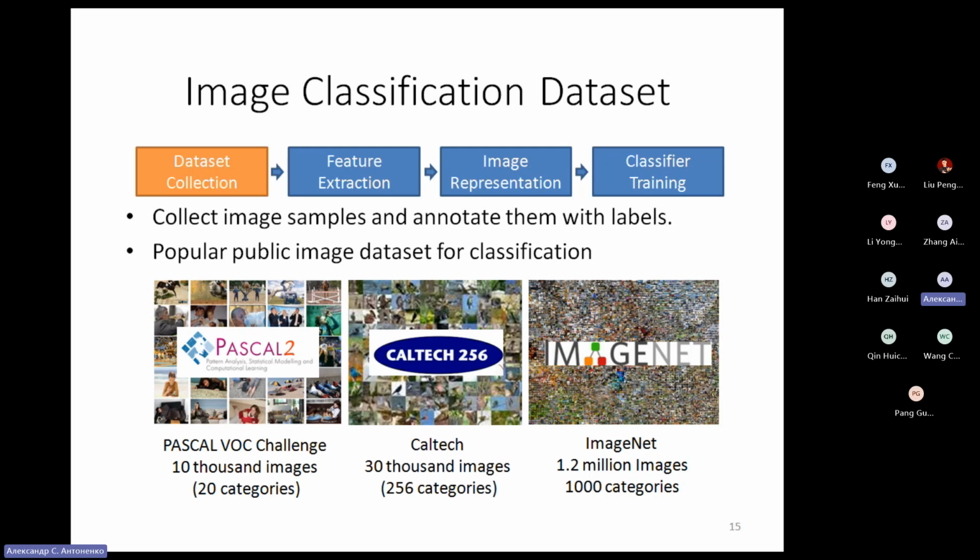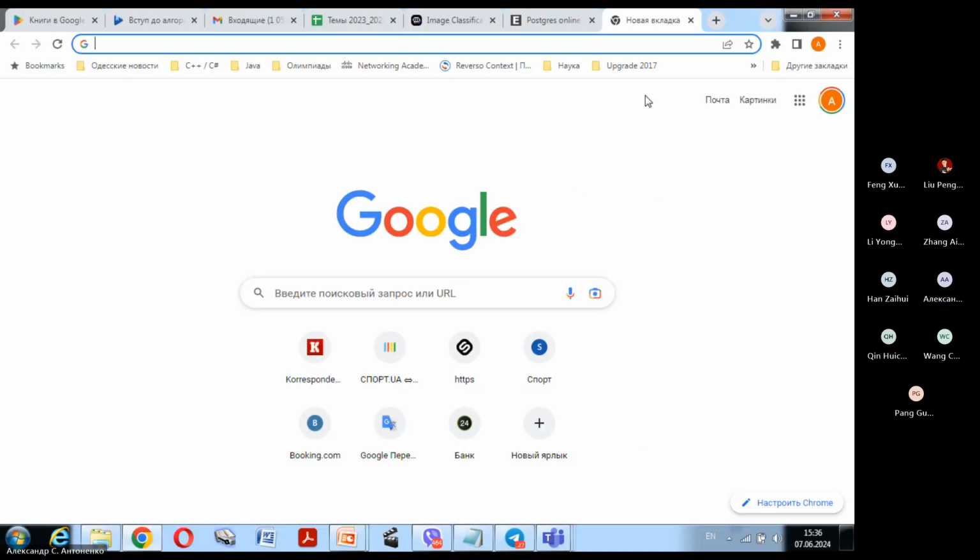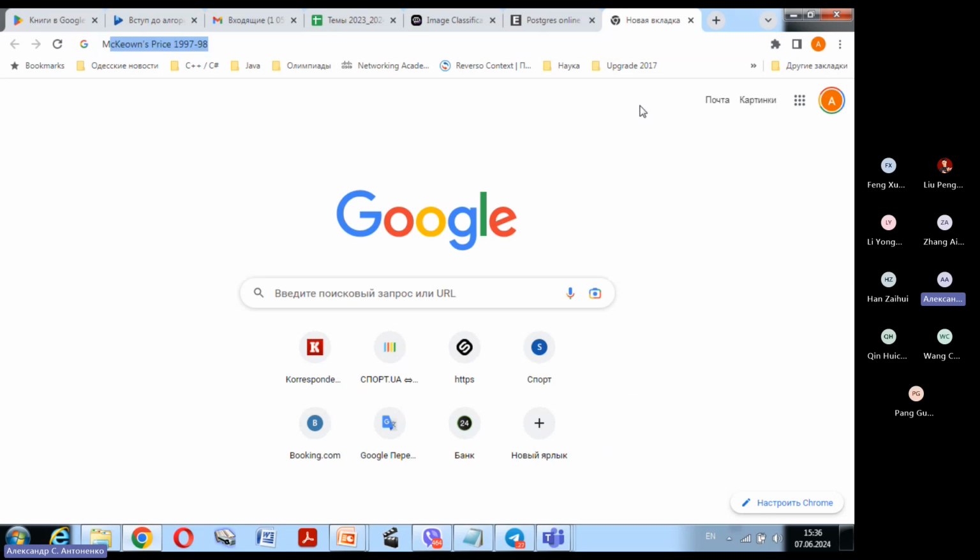At first, we need some data set. And you will need to do this laboratory work, so you will need to use some data set. Which data sets do we have? We can start from very simplistic data sets. The most simplistic data set is actually called MNIST.